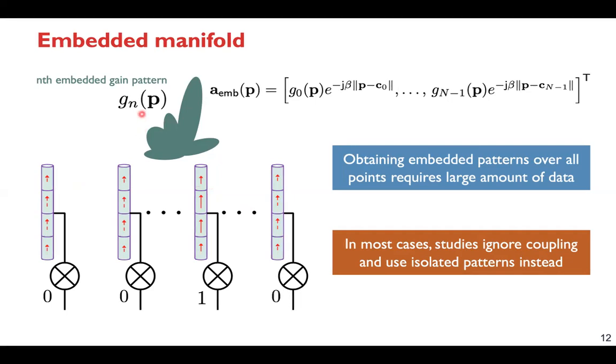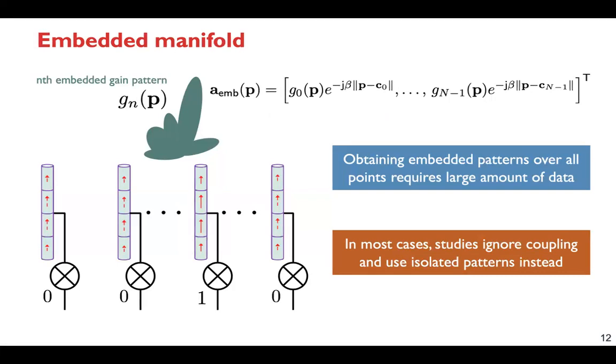So if we call G of n this embedded pattern of the array when only the nth element is excited, we can form an embedded steering vector where we're including those gain patterns into the steering vector along with those phase differences between the different array elements.